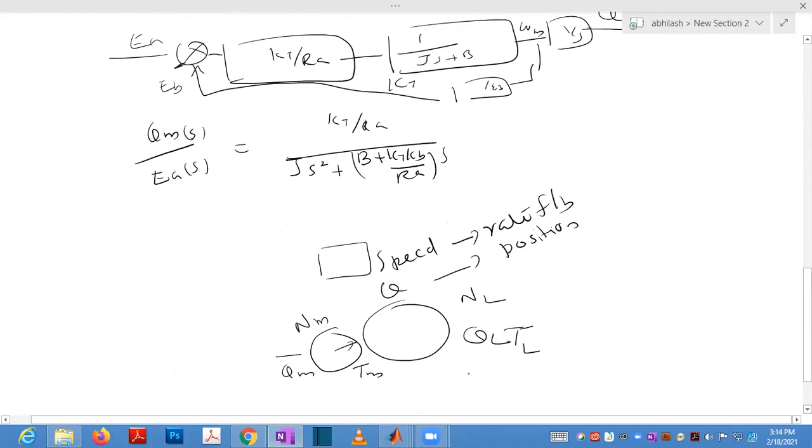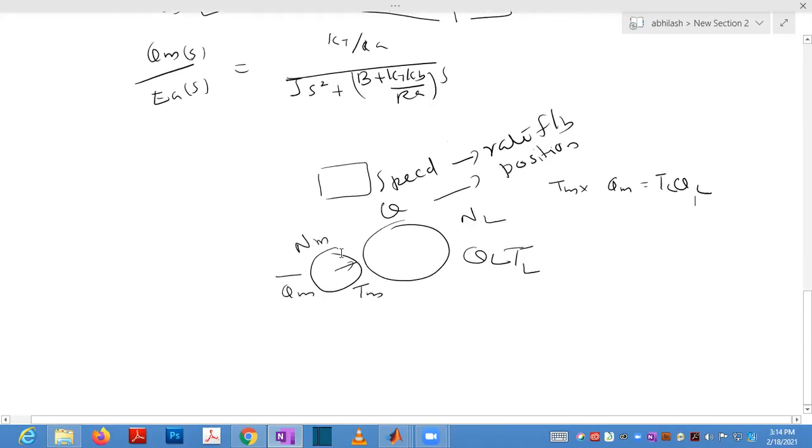So Tm into theta m is equal to TL into theta L. This ratio will remain the same. Theta is directly proportional to the number of teeth: theta m is proportional to Nm, theta L is proportional to Nl. So the torque ratio you can calculate. That I think was also taken already.